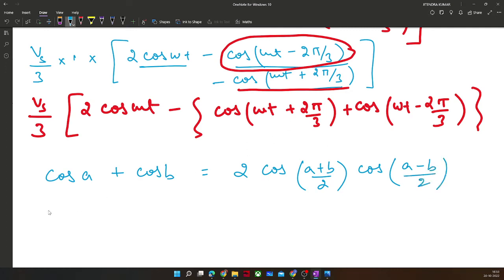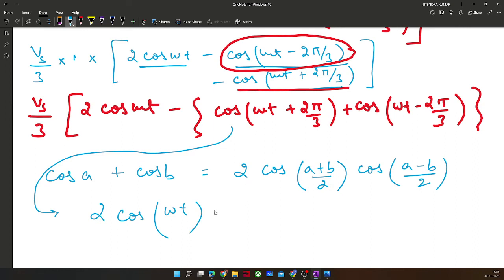So we will do it here. This calculation: 2 cos of omega t plus 2 pi by 3 plus omega t minus 2 pi by 3, by 2. So it will come out to be omega t.